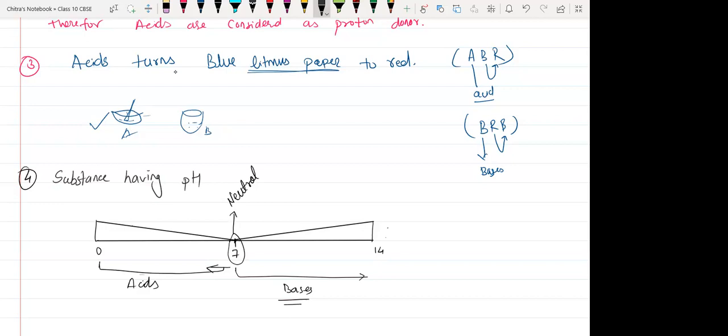Sometimes people call it percentage of hydrogen also, but actually it is potency of hydrogen. So these are the four tests or characteristic features of acids.